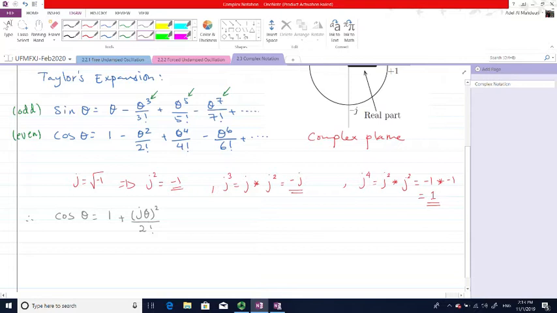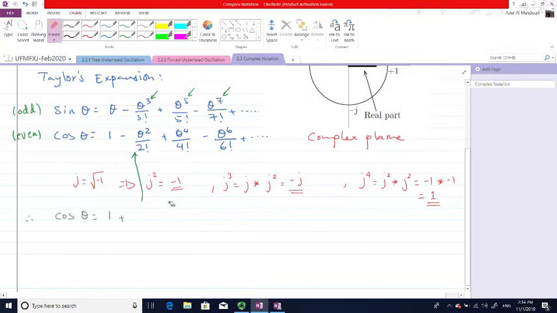Remember that this is plus and this is minus. Sorry, I need to rewrite it again.